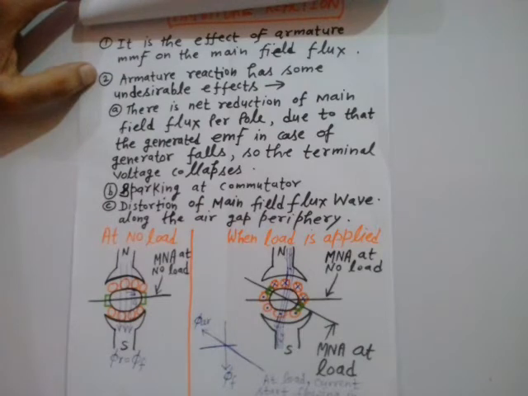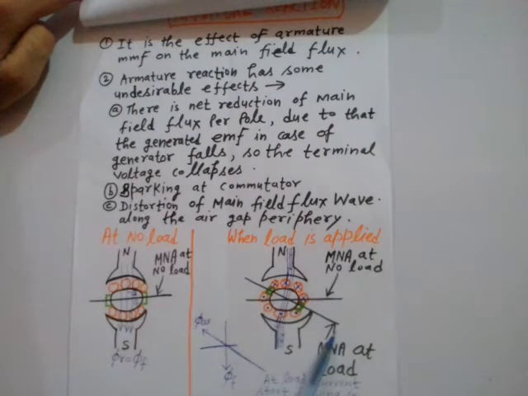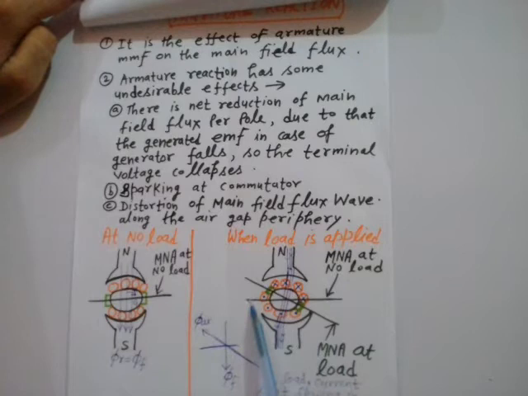So due to this crowding of field lines at the trailing pole tips of these field poles, the resultant MNA will be shifted at load. So this will be the position of the new magnetic neutral axis. When load was not there, the position of the magnetically neutral axis was this.